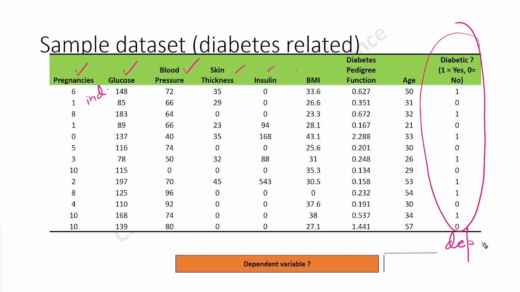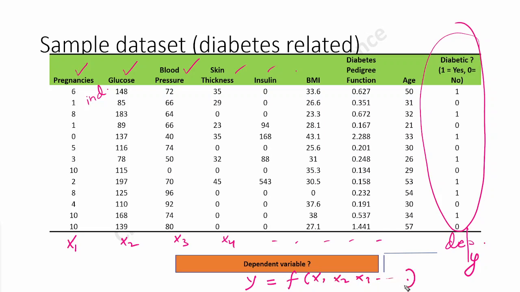Now in data science and machine learning, the independent columns are typically represented like x1, x2, x3, x4, and so on, and the dependent column is y. The reason we do so is we are saying y is a function of x1, x2, x3, and so on.